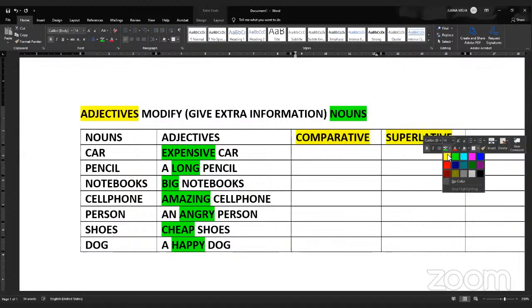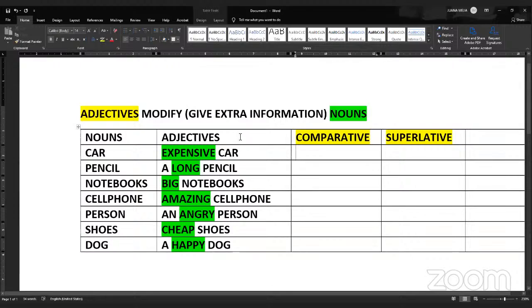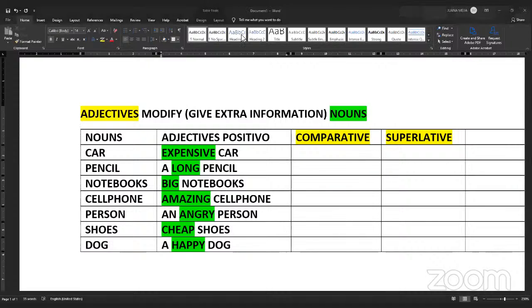These adjectives, expensive, long, big, amazing, angry, cheap, and happy, are in the positive degree.